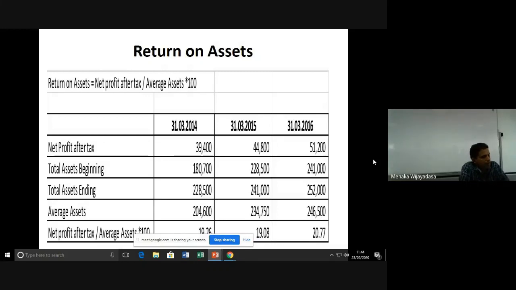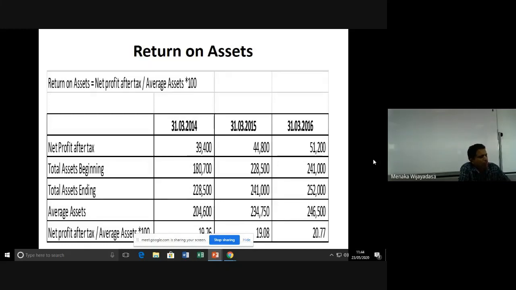Very straightforward: net profit after tax is given in the income statement, 39,400, 44,800, 51,200. Now, you need to take the average balance of the assets. The beginning total assets for 2014 are given in note number 1, 180,700. The ending total assets in the balance sheet for 2014 are 228,500.